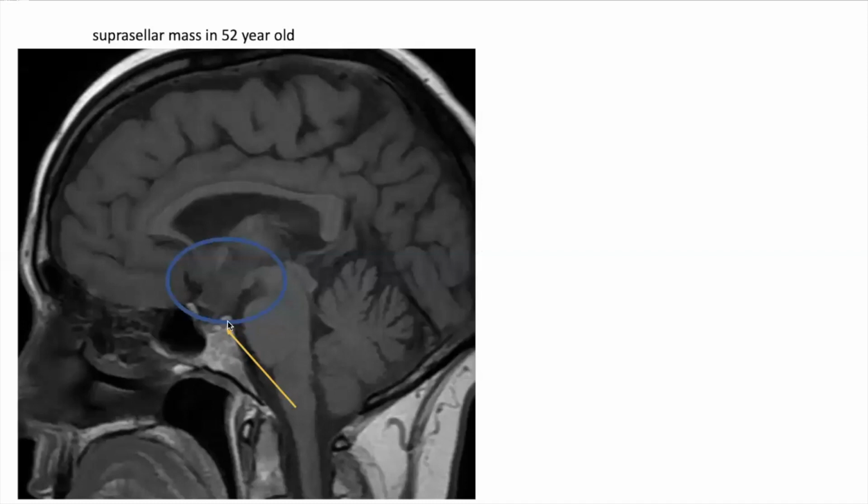Now here's a suprasellar mass in a 52-year-old patient. What I want you to recognize is, again, that we see the separate pituitary gland here. We see the mass, which lies here anterior to the mammillary body, and in the region of the third ventricle, the infundibulum is going to be here.